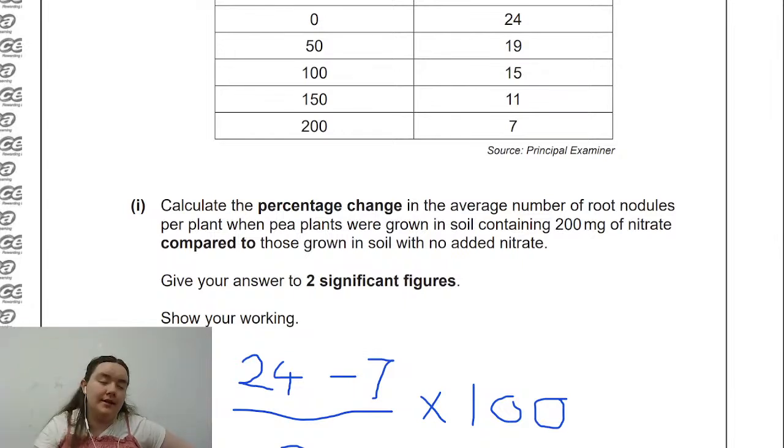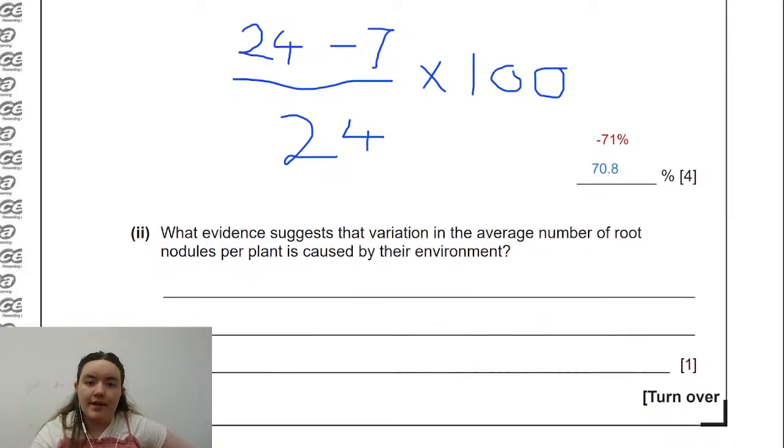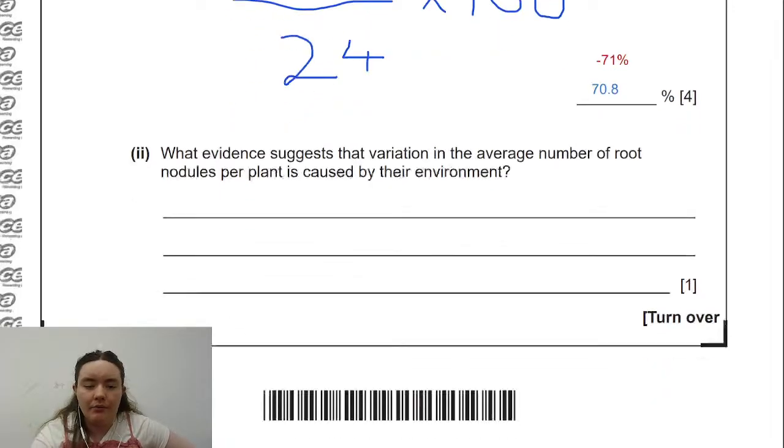It tells us that it is at 70. So that 0 does have significance, but in this case it rounds up, so it'd be minus 71%. That is my mistake. I will admit to that straight out. Yeah. So, what evidence suggests that variation in the average number of root nodules vary?